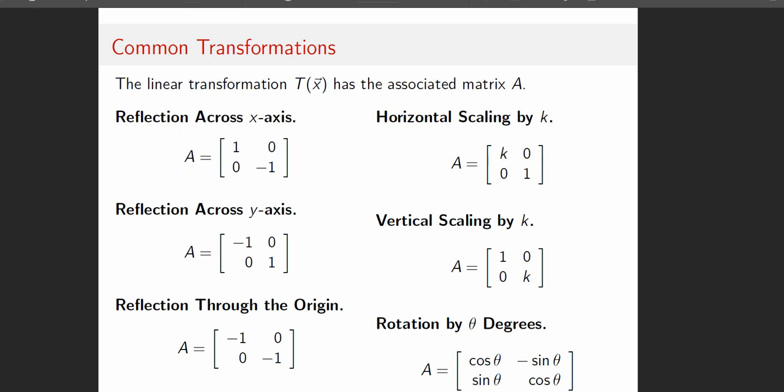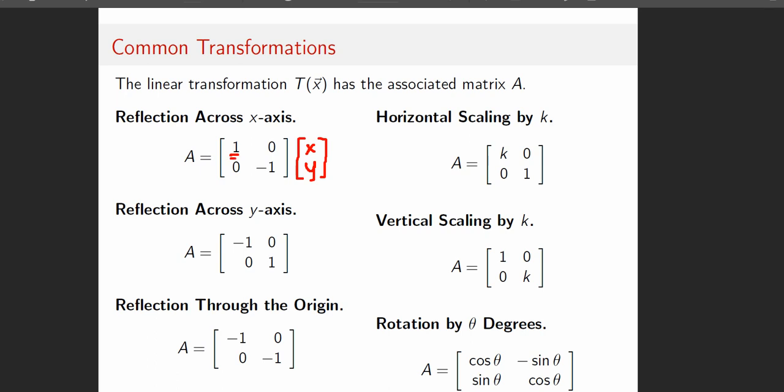Okay, if I'm looking to transform all the vectors and I want to reflect them all across the x-axis, well, you see the matrix A here. And what's going to happen? It's going to leave the x coordinate unchanged, right? I'm thinking of this as the vector that I'm multiplying by, where I have x as the x coordinate and y as the y coordinate.